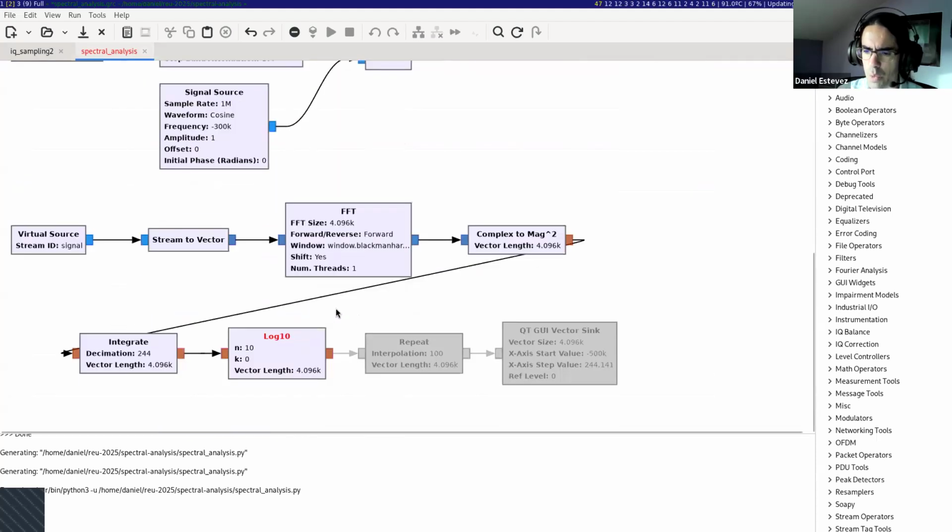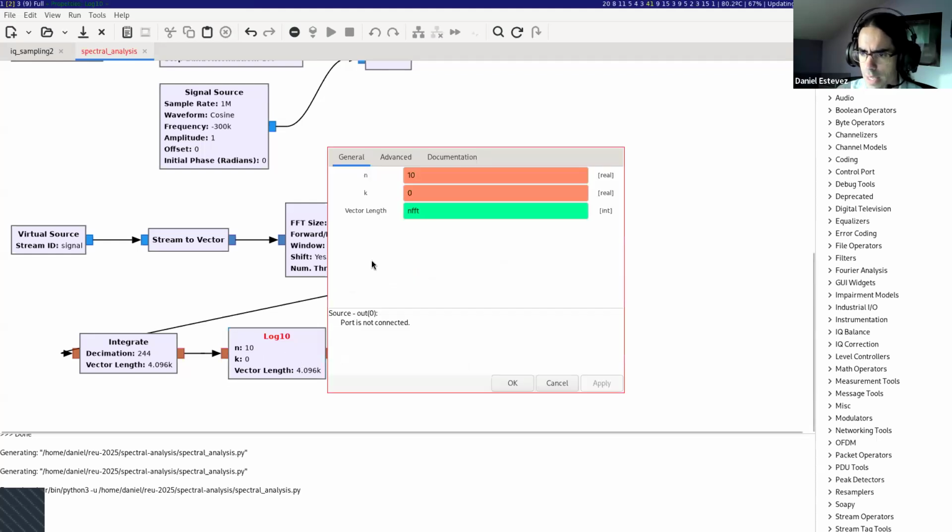And many times we want to plot spectrum in dBs unless we are dealing with very weak signals and we do not have any other strong signals. Because dBs are a way of plotting weak and strong signals at the same time and being able to see both of them. Otherwise, the weak signals would be really tiny. So to convert to dBs, the formula is 10 times the logarithm base 10 of the value.